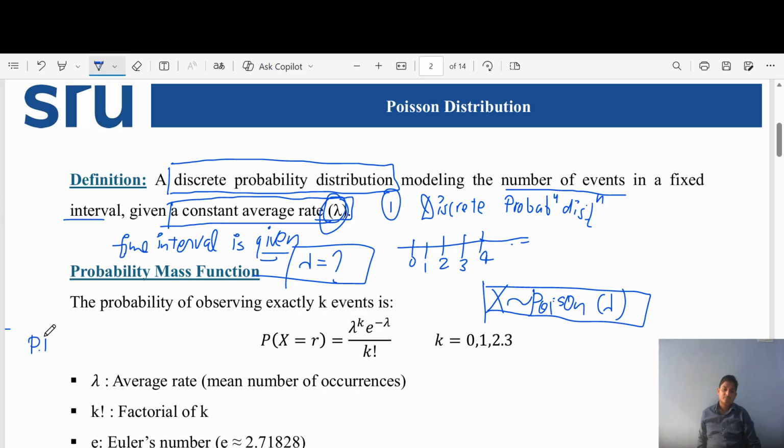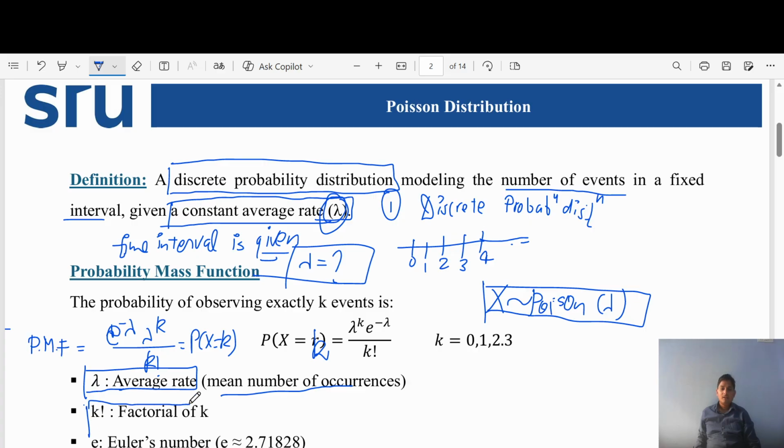The probability mass function of the Poisson distribution is given by e to the power minus lambda, lambda to the power k, upon k factorial, and this is equal to P(X = k). Here lambda is the average rate, the average number of occurrences of an event, and k is the number of successes or failures that occur in any experiment.